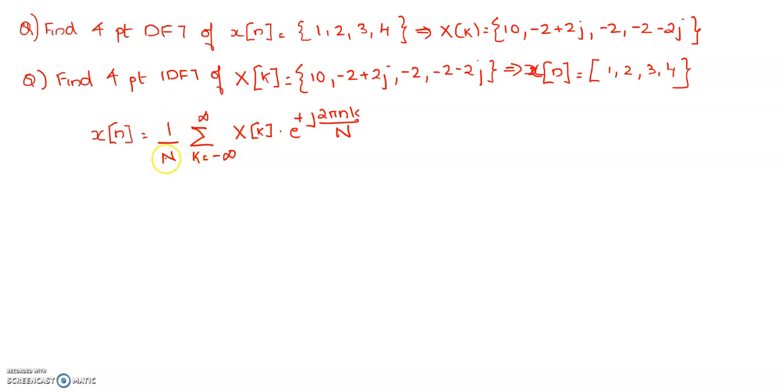You have a 1 by N. You can see a resemblance to the original inverse Fourier transform formula, which is 1 by 2 pi, integral minus infinity to infinity, x of omega e raised to j omega t dt. Just like the concept of the inverse Fourier transform, it can be applied to the inverse discrete Fourier transform.